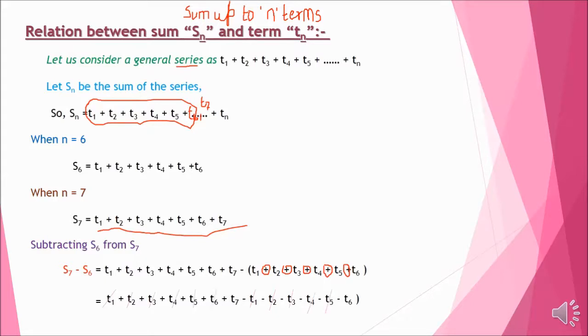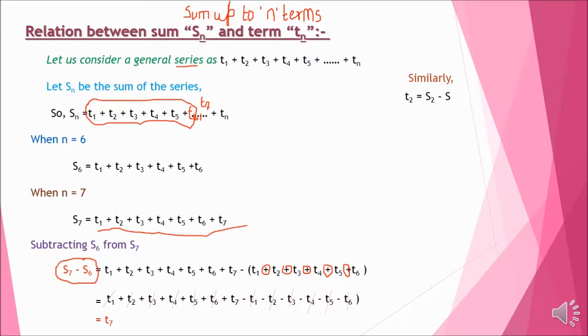So if we have to find a specific term, we can use this concept. That's the relation between a sum and a term. Similarly, T2 will be S2 minus S1.